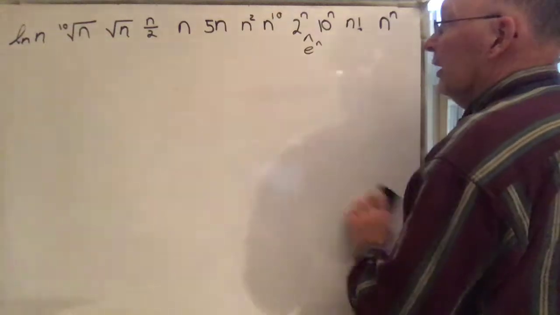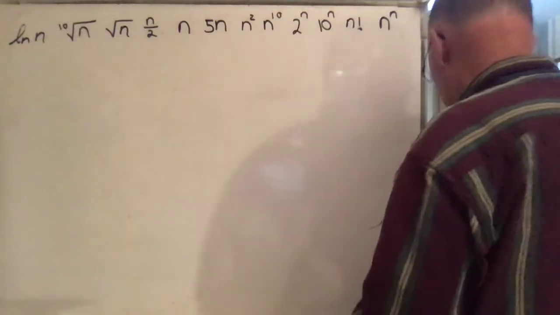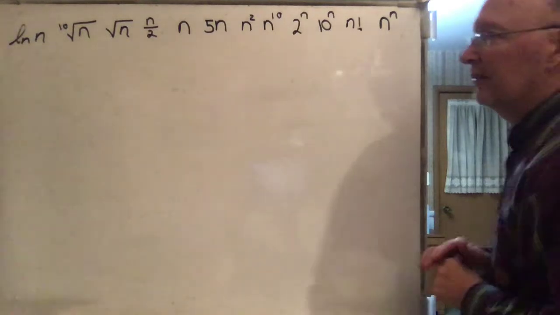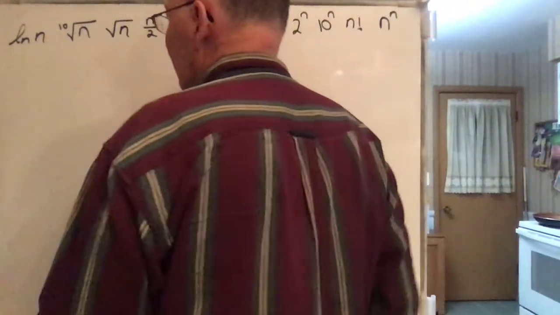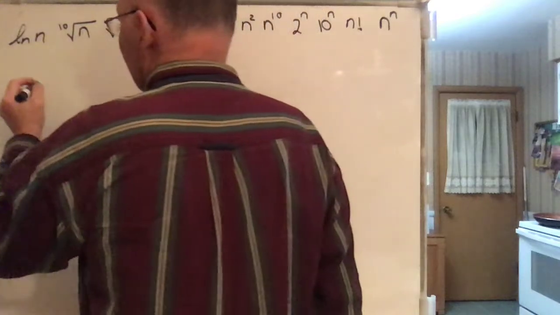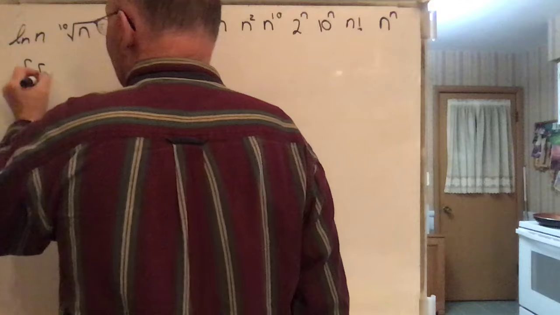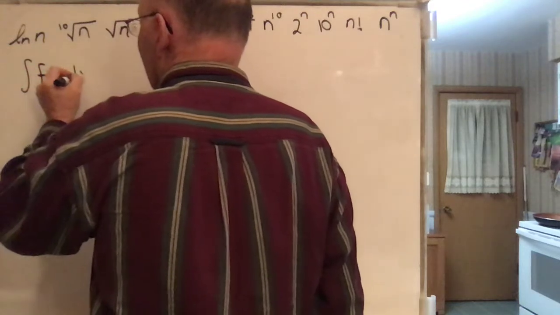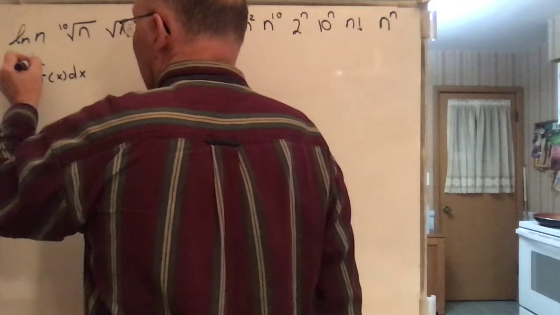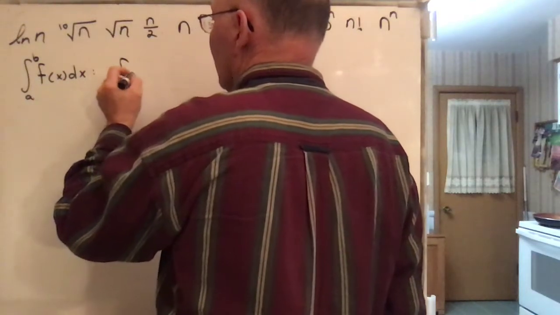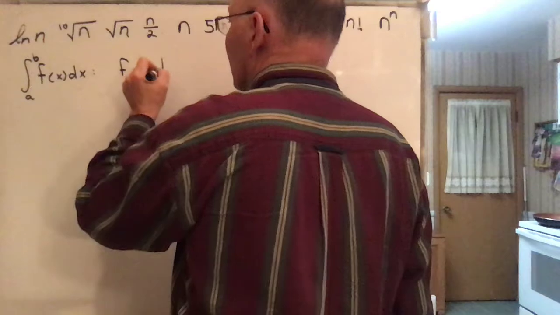Okay, so I guess we can keep those up there. Here's the intriguing question we now have. When we defined the definite integral, we said that the function was something like f of x dx from a to b, and the functions that we looked at were bounded. F is bounded on this interval.